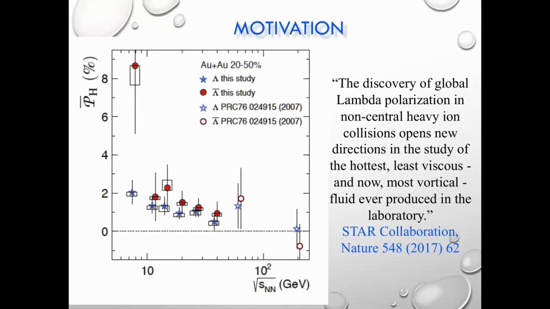Yes, exactly. So I put this citation from a well-known paper by the STAR collaboration published 3 years ago in Nature. The discovery of global lambda polarization in non-central heavy ion collisions opens new directions in the study of the hottest, least viscous, and now most vortical fluid ever produced in the laboratory.